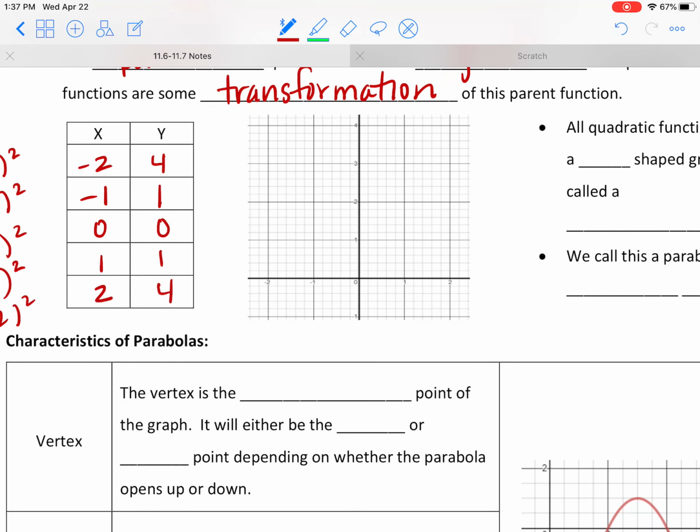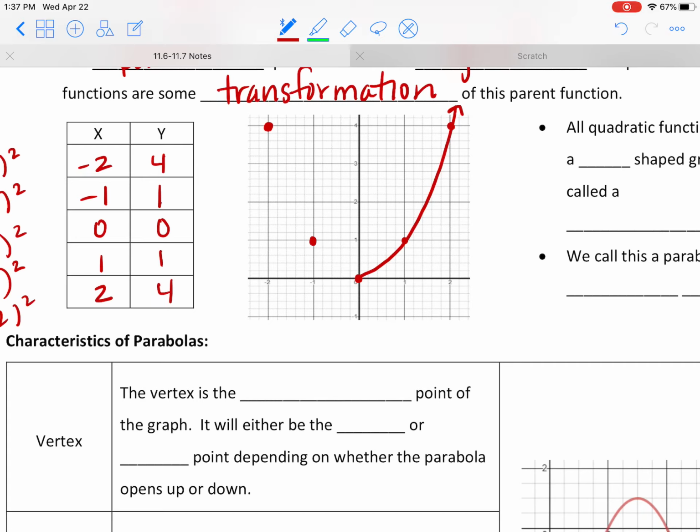Plug in 0, 0 squared is 0, +1 squared is 1, and +2 squared is going to make 4. I apologize, the graph might not be too clear for you if you printed this out, but over here is -2, and we have a y value of 4, and -1, 1, 0, 0, we have a point, 1, 1, we have a point, and then 2, 4, we have a point.